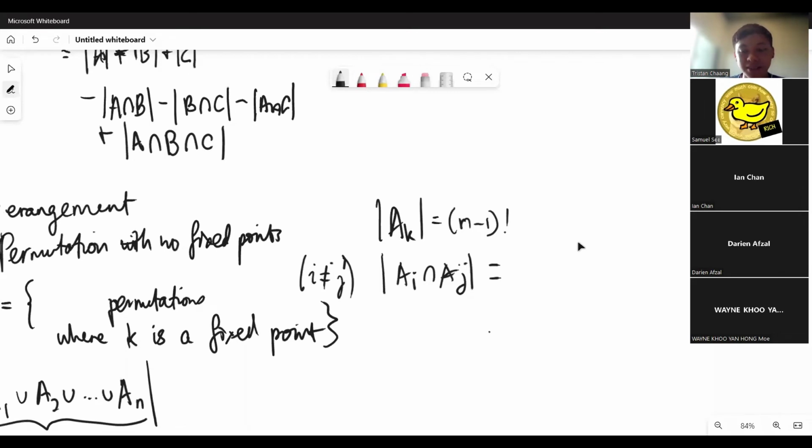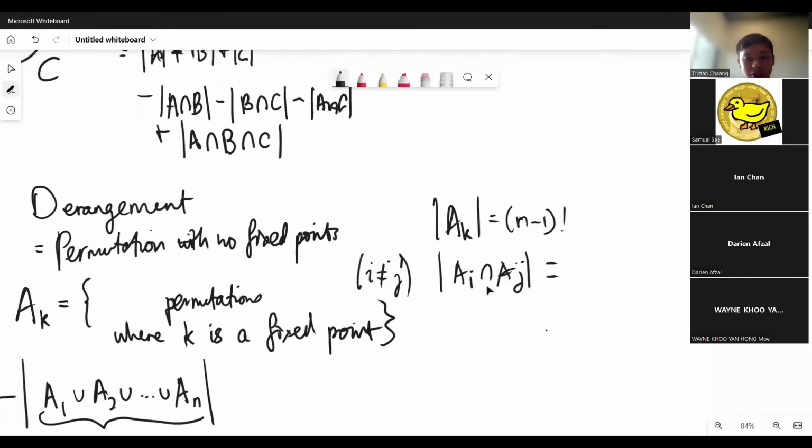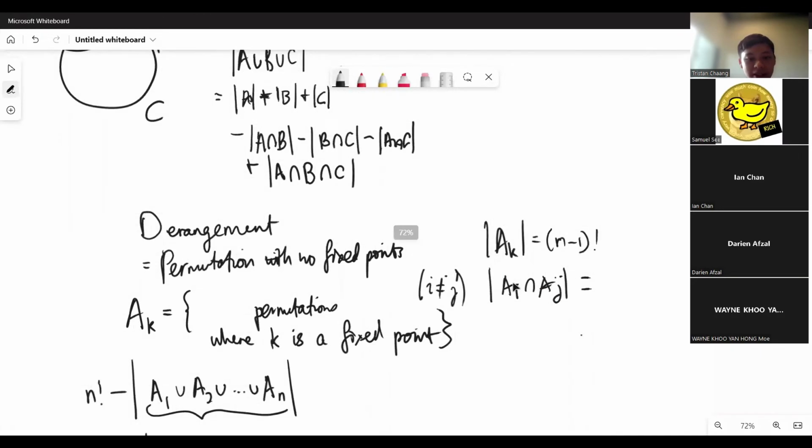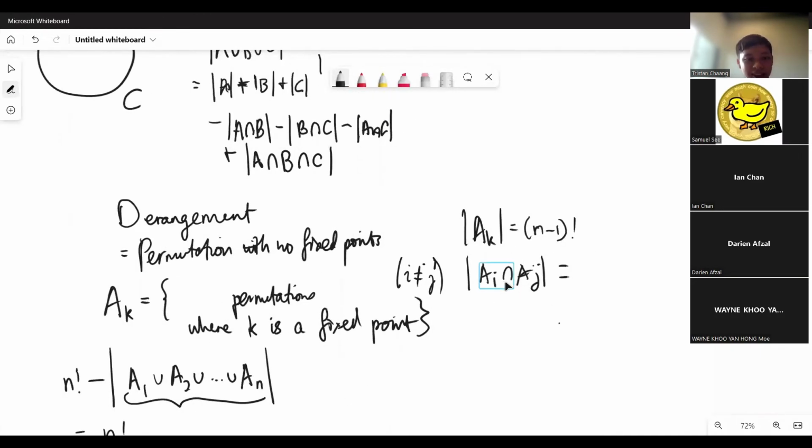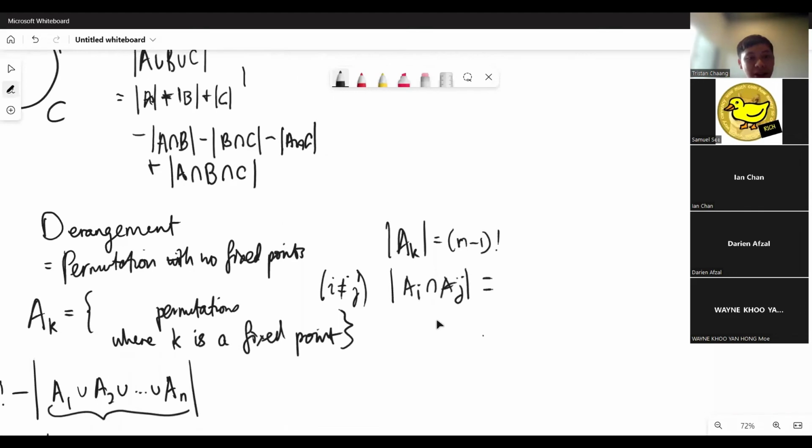Yeah, it's just n minus 2 factorial because you're just fixing I and J. It is a permutation where I is a fixed point and J is a fixed point. So you're just permuting the remaining elements. So there's n minus 2 factorial, right?